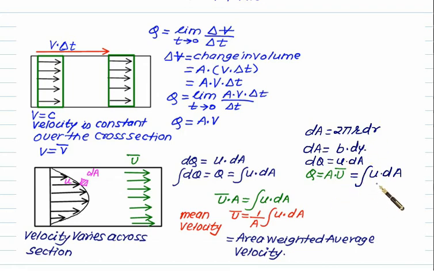But before this we must know the distribution of u with respect to r and y. Then you equate this total discharge with area multiplied by u average, and from this we can calculate the average velocity, u bar equal to 1 by A integral of u dA. That is, u bar is nothing but the area weighted average of the velocity.